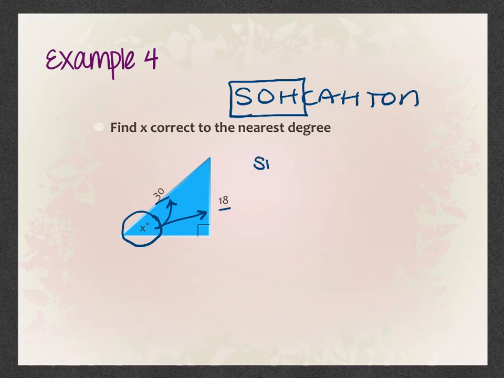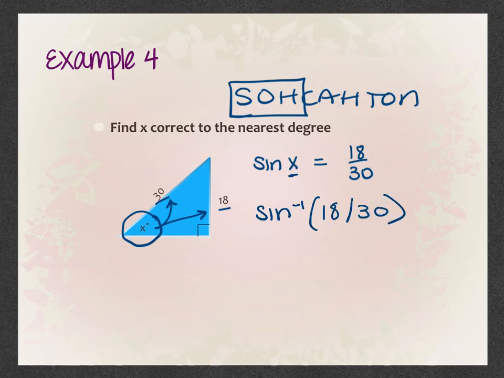So we're saying sine of the angle that we don't know is equal to 18 over 30. Because we're looking for the angle, we're going to say sine -1 of 18 divided by 30. You don't need to reduce it because your calculator can do that work. And that gives me that x, the angle x, is 36.8 degrees, which, because we're saying nearest degree, is going to be 37 degrees.